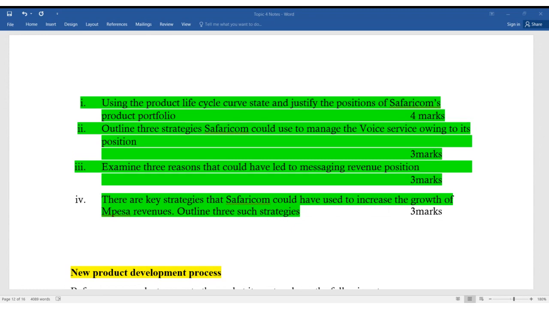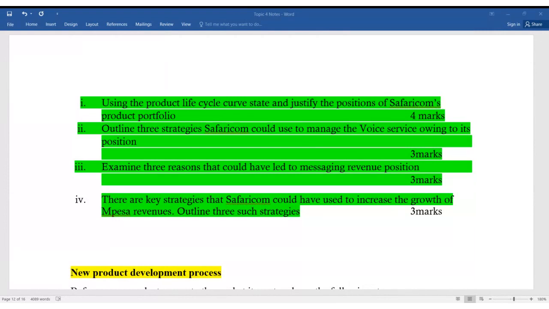State and justify the position of Safaricom product portfolio. That is what we have just done. We say that M-Pesa is on growth, voice call is on maturity, data is also on growth, and messaging is in decline.